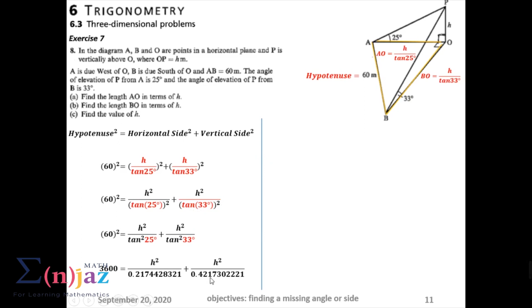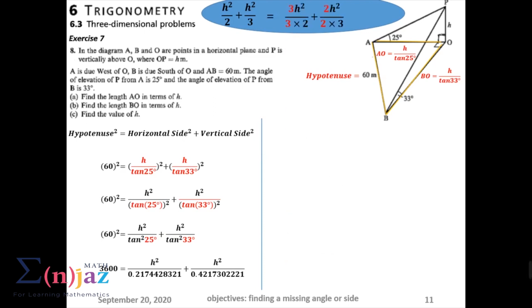Now, when we are adding two fractions, the secret is, remember when we used to work with numbers, or when we used to work with fractional expressions, the secret of adding two fractions is having the denominator the same. Let me remind you about this. If we're saying h squared over 2 plus h squared over 3, you're going to multiply the first fraction by 3 and the second fraction by 2, as following.